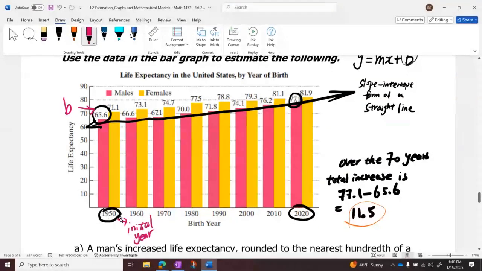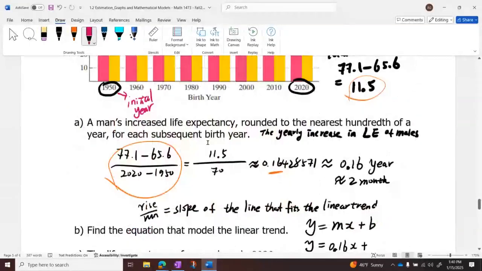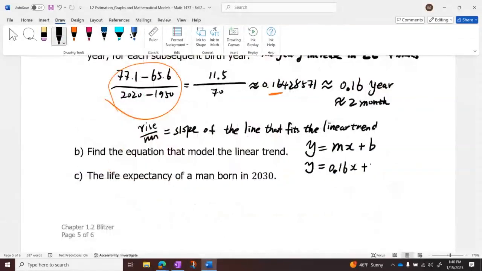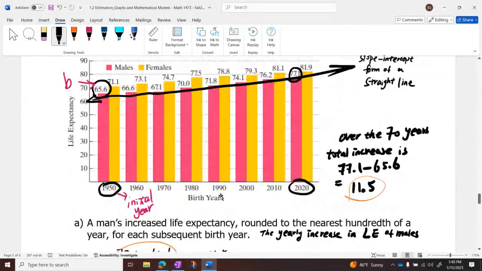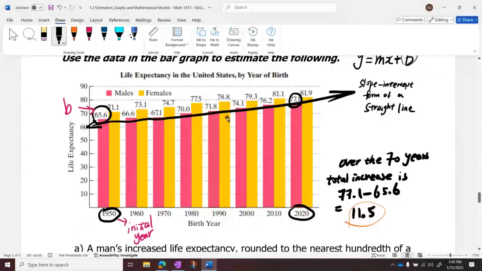It is the number on top of the shortest bar, 65.6. And that's it. This equation is the model. It describes the linear trend of those red bars.